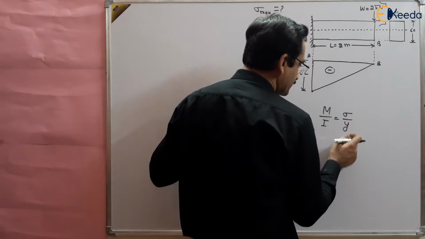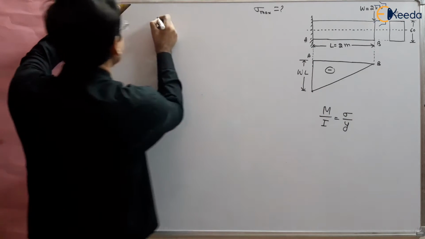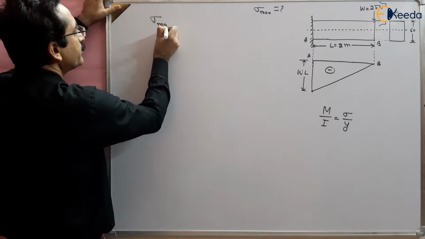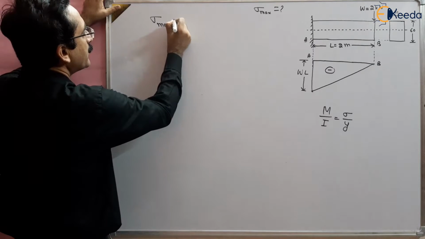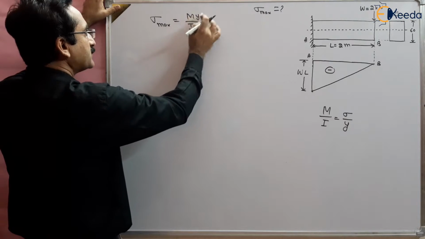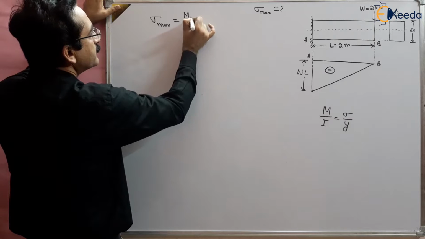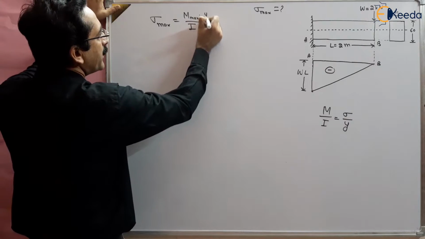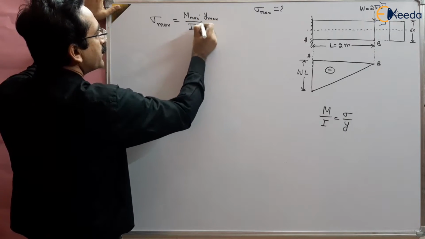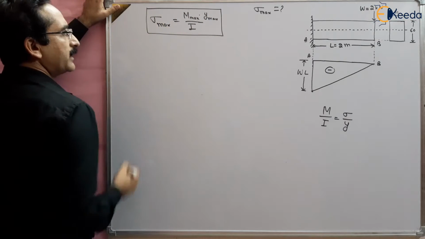So the point where y and M are maximum, sigma max will be equal to M y by I. So both maximum, M max as well as y max. So this is the sigma max.